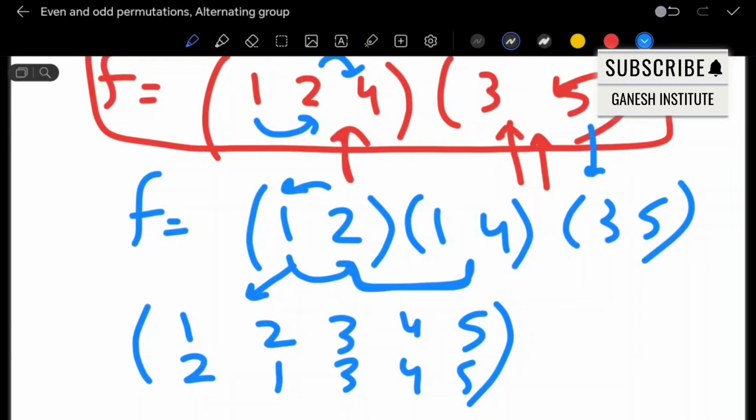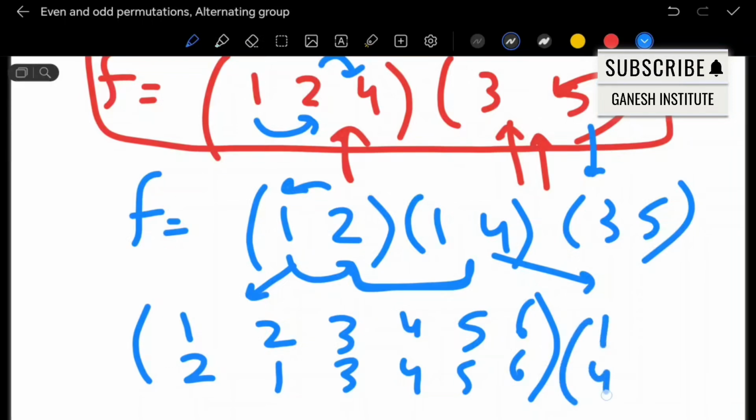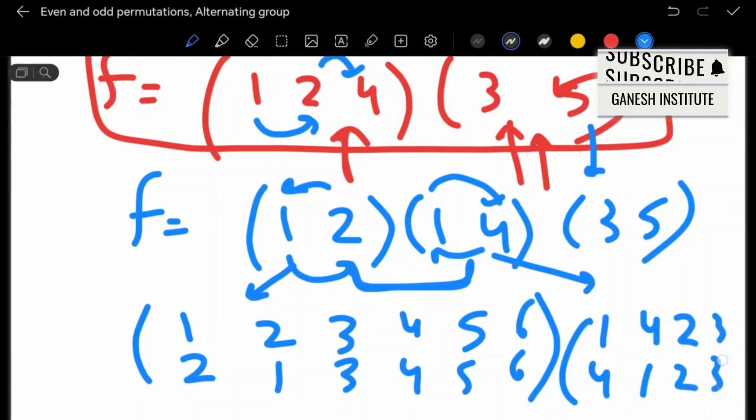And the other one is 1 with 4, 4 with 1, and the rest all together, 3, 4, 5, 6, correct?